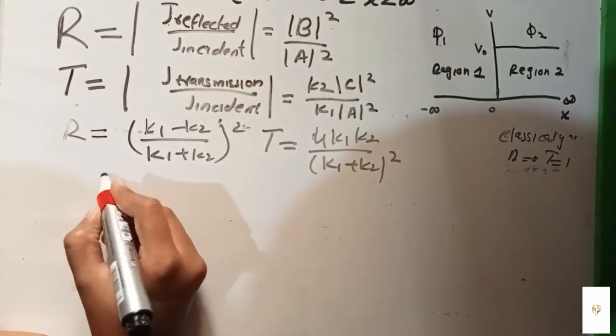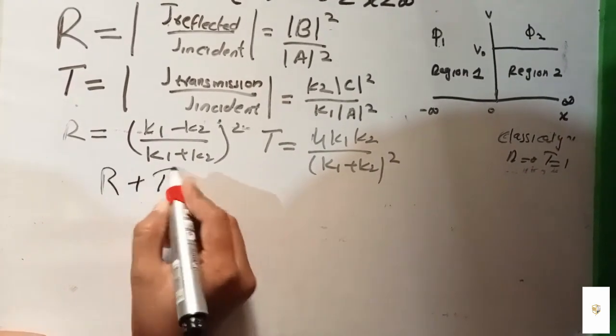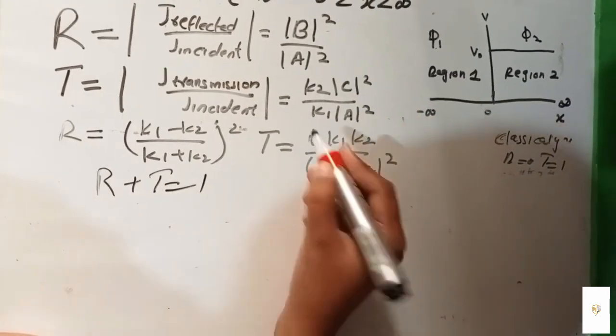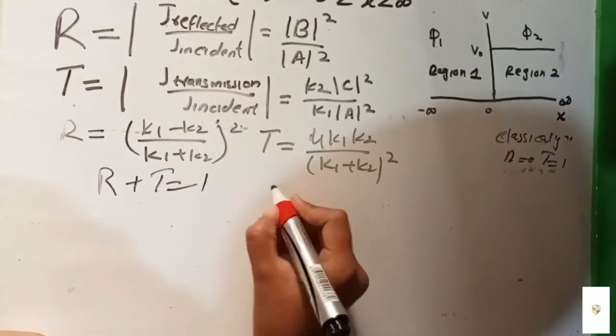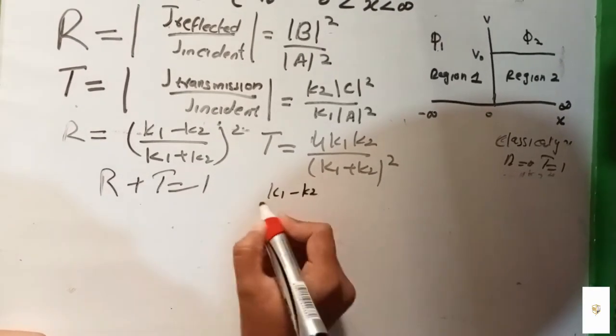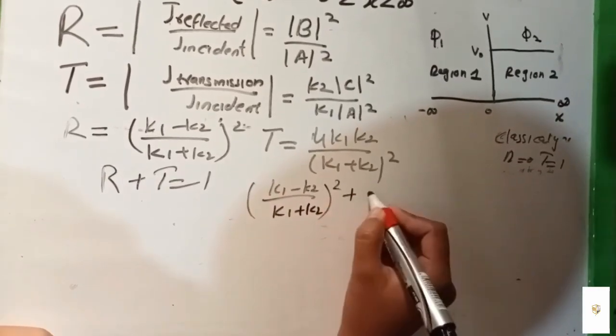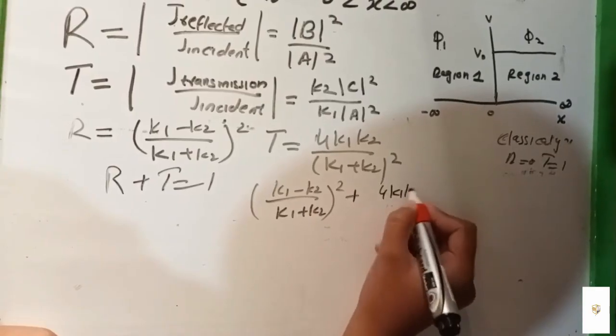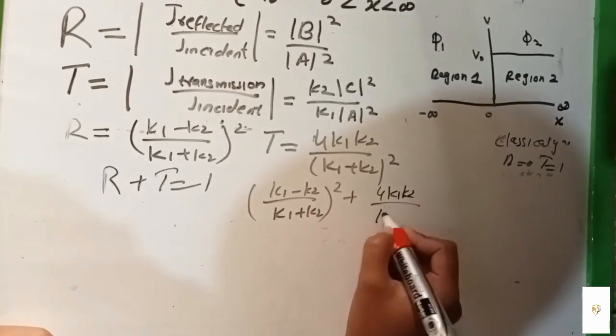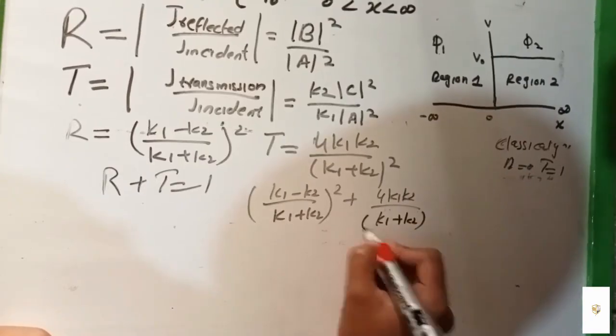We further know reflection coefficient plus transmission coefficient is equal to 1. You can prove from these two values. k1 minus k2 over k1 plus k2 whole square plus 4 k1 k2 over k1 plus k2 whole square.